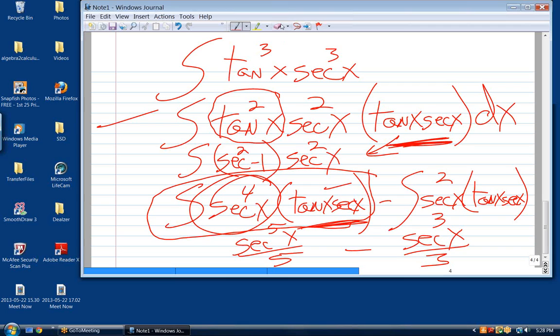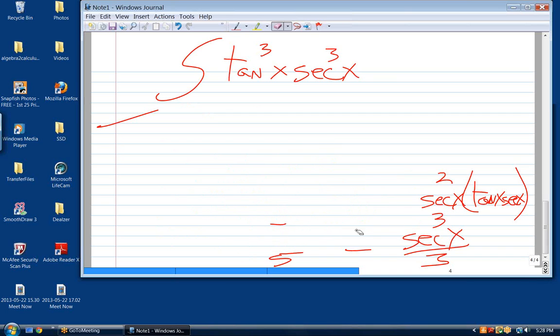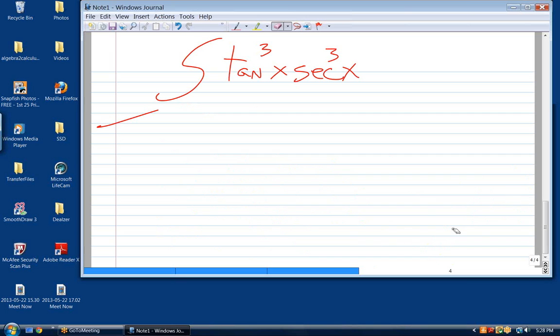If I had, instead of odd, the other situation would be where I'm going to turn it all into tangent. Well, the derivative of tangent, let's make this odd even.